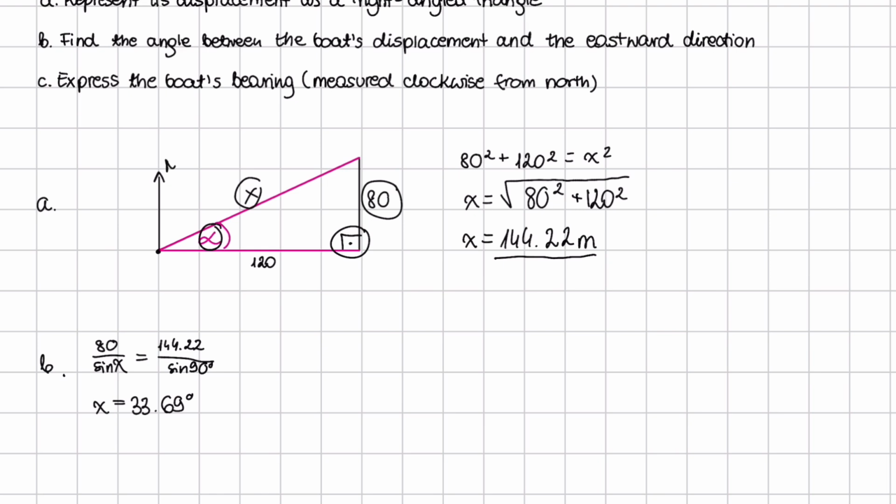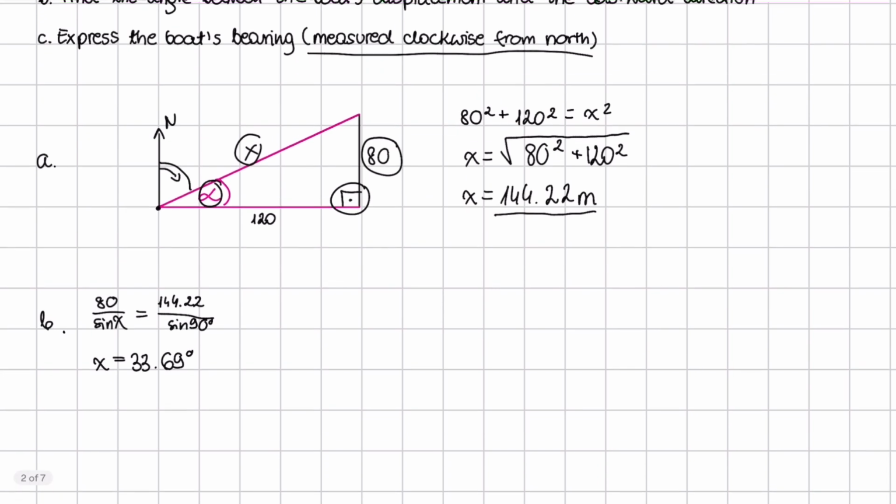So here we have north, and here we measure our bearing, because we are measuring it in the clockwise direction. So this is our bearing that we have to calculate.